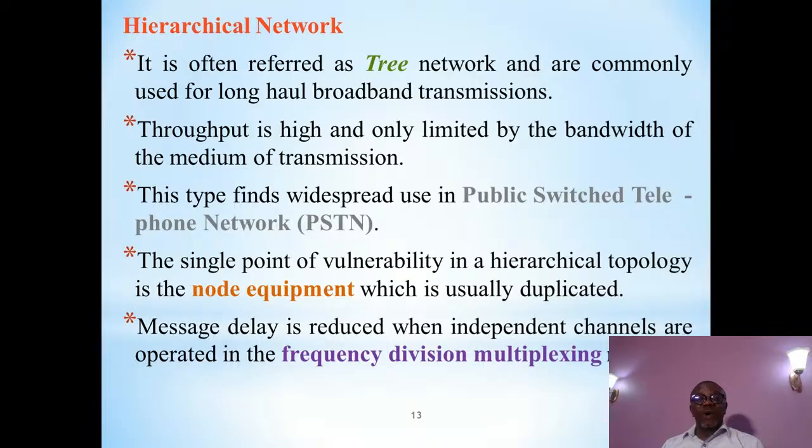This type finds widespread use in the public switched telephone network, the PSTN.